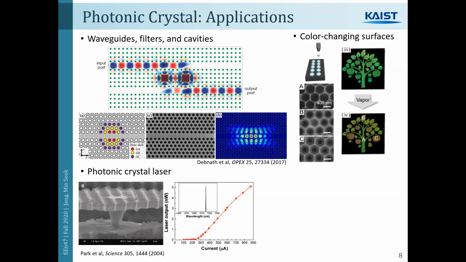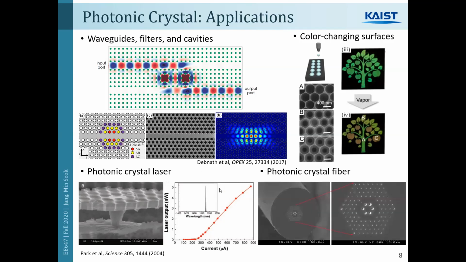So instead of milling holes into a continuous medium, you can place pillars periodically to get a similar effect. I'm not going to go into details about how you can calculate the optical properties of photonic crystals. I'm going to go through just 1D photonic crystals, but for 2D and 3D, I'll give you some examples of pillar arrays.